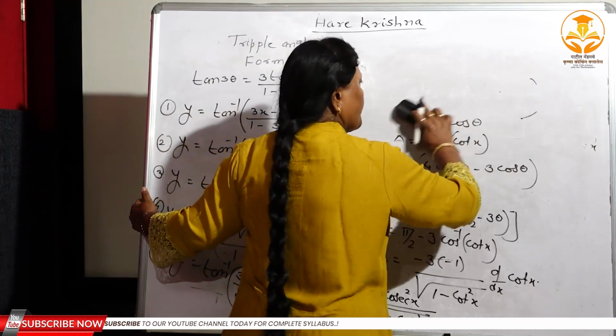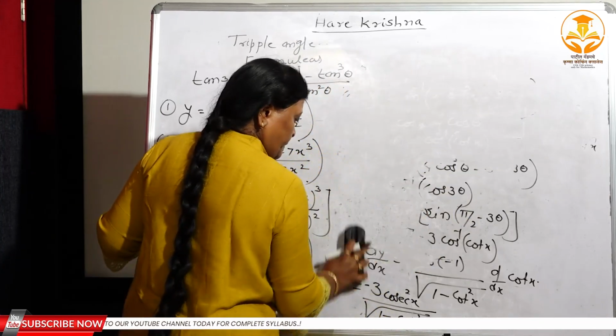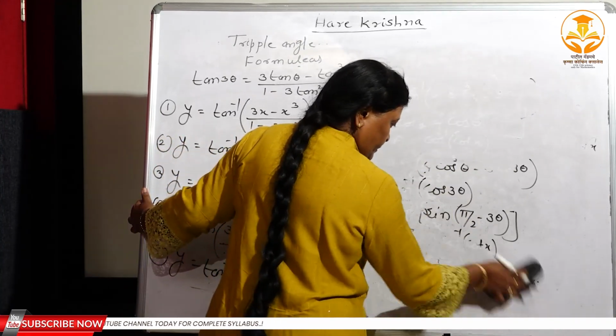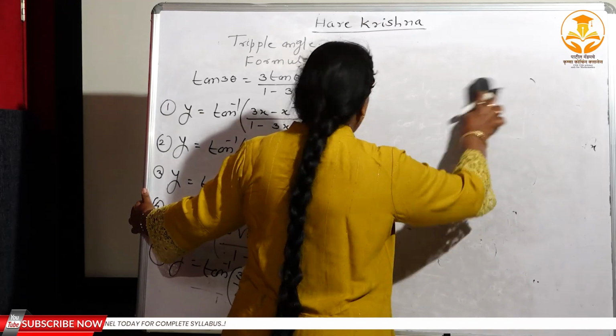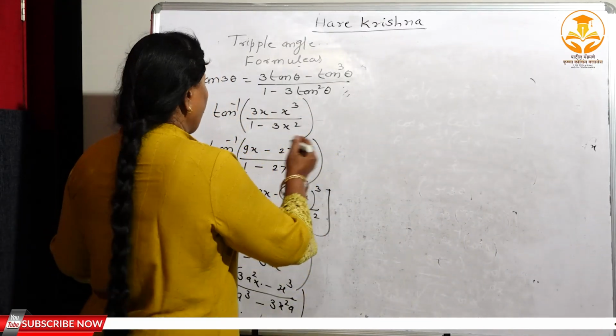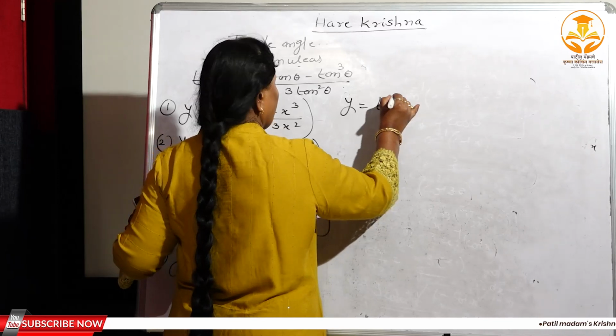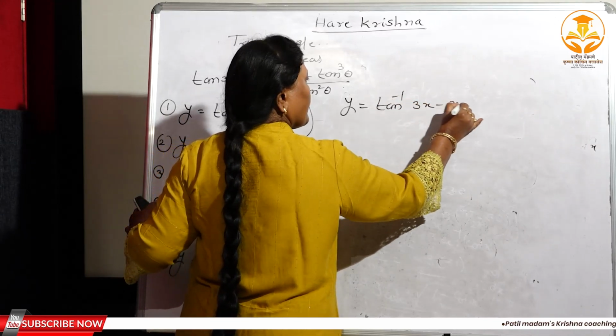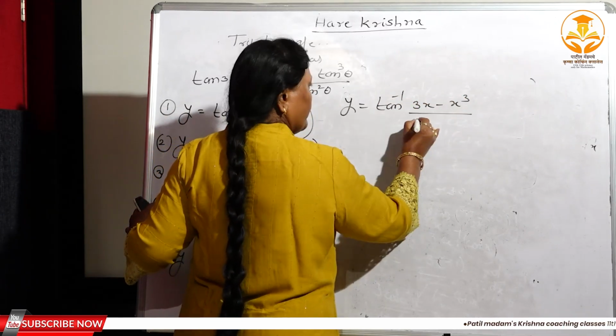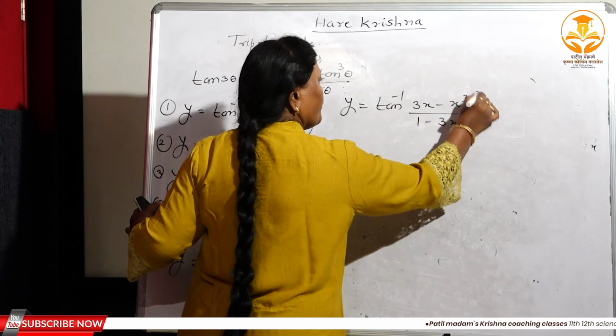Now let us take the first one. See, the first one, very simple again. Tan inverse 3x minus x cube divided by 1 minus 3x square.